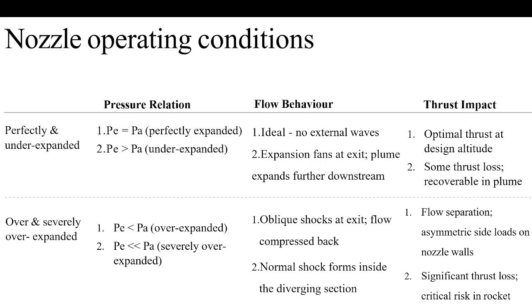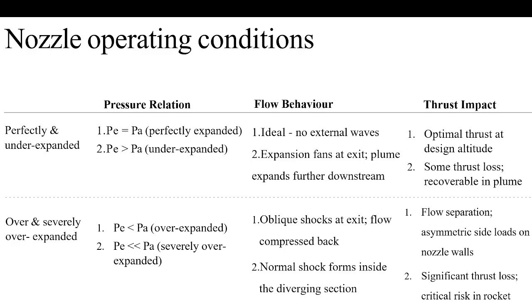Now in this case, the flow is undergoing the interaction of shocks. Precisely, in this case we will be getting oblique shocks at different locations. Next, the normal shocks inside the divergent section. Already you know these shock interactions. These shock interactions will be happening at different locations, and they will also try to get into the divergent section.